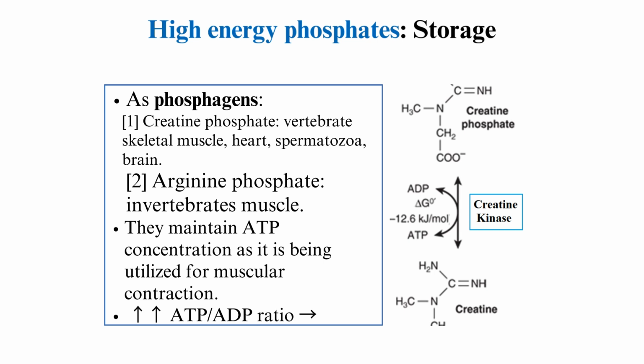An increased ATP-ADP ratio, that is to say that ATP is very high compared to ADP, will lead to an increase in the concentration of phosphagens. So the body will tend to store high energy phosphate in the form of creatine phosphate.